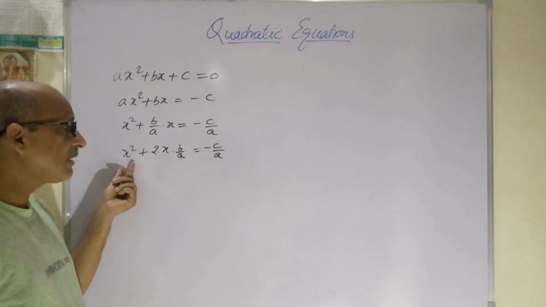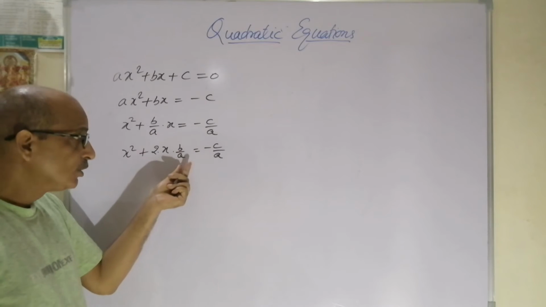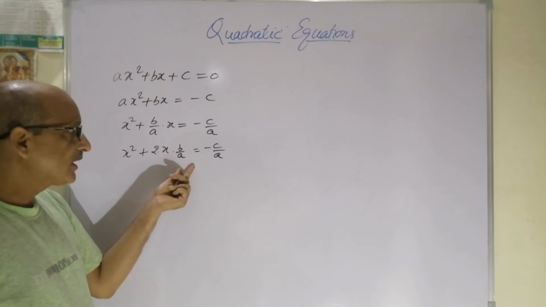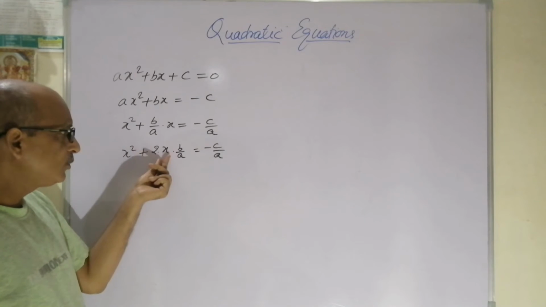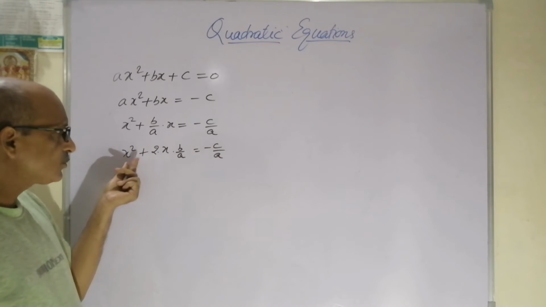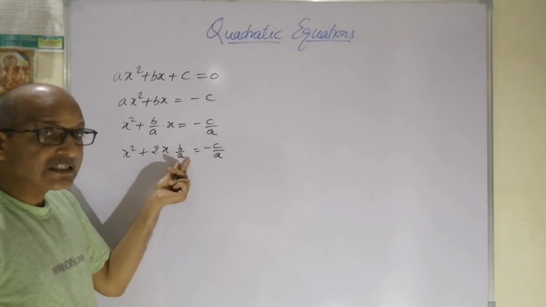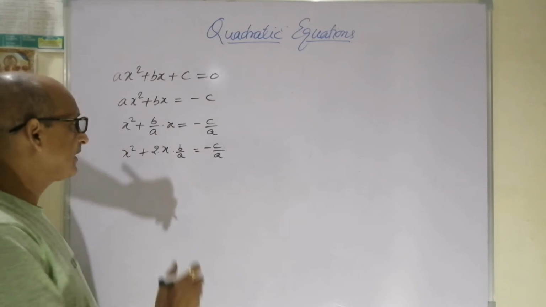For a perfect square we must have a square plus 2a into b plus b square. So we need b square to be added to get the perfect square.